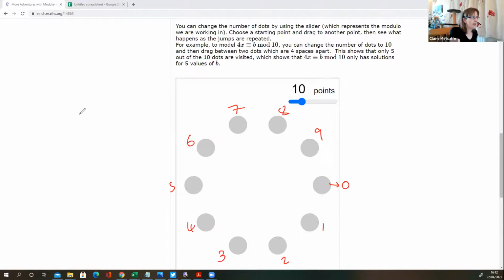If we were looking at 6x equals 4, then we can demonstrate jumps of 6. So if we start at 0 and then jump to 6, it's going to keep jumping around by 6. So the next one it's going to go to is 12, which will be the same as 2, because 2 lots of 6 is 12.